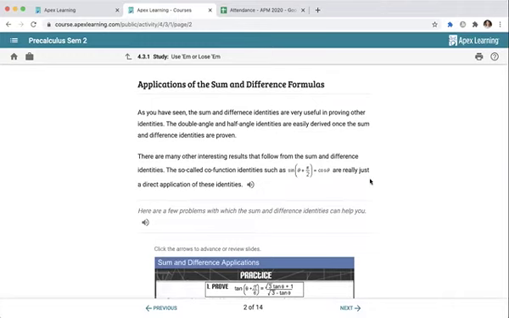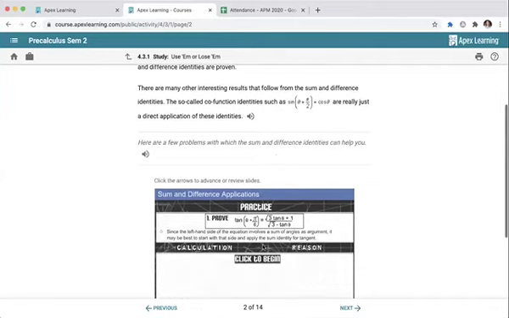But now that we understand these functions and how we got there, we need to realize where these can be used. If we look first at our sum and difference formulas, that's talking about when we're trying to figure out the answer when we add two angles or subtract two angles.